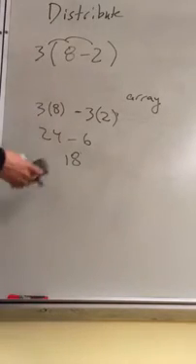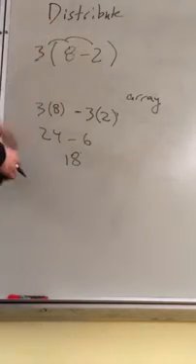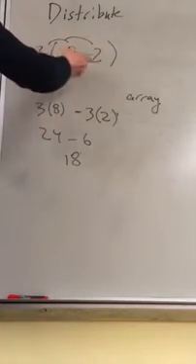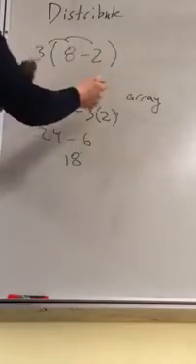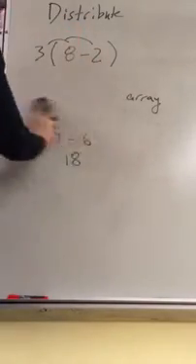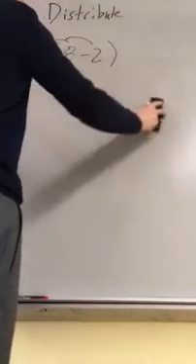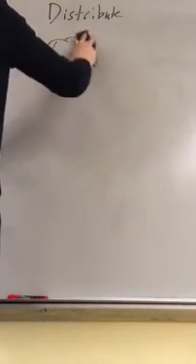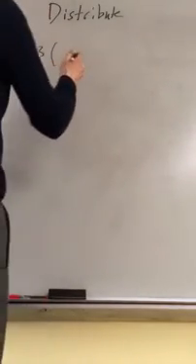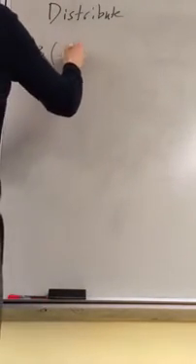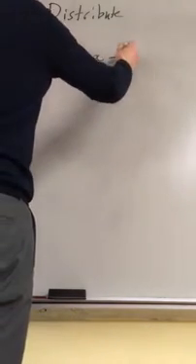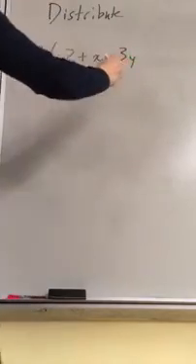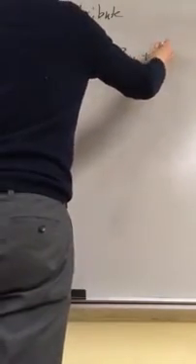So now we're going to do an example where we distribute, where the expression on the inside of the parentheses has a bunch of different stuff that we don't know how to simplify. So we have to distribute. I'm going to make this a little bit bigger. I'm going to make this a little more complicated. So let's say what we have is 2 plus x minus 3y plus 5.